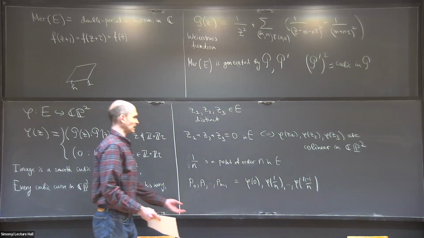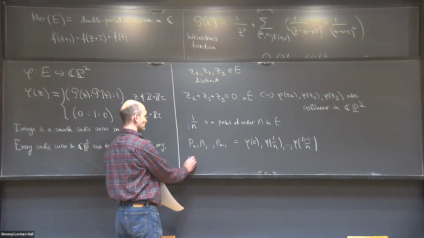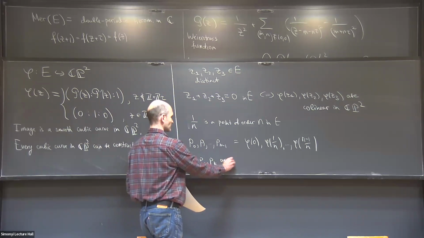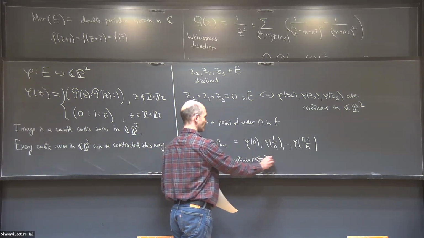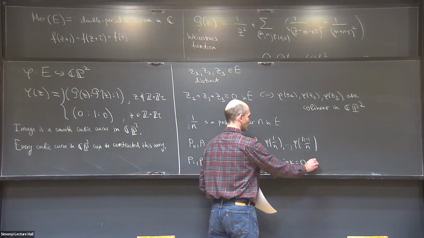Then they have the following collinearity properties: Pi, Pj, Pk are collinear if and only if i plus j plus k is 0 mod n.